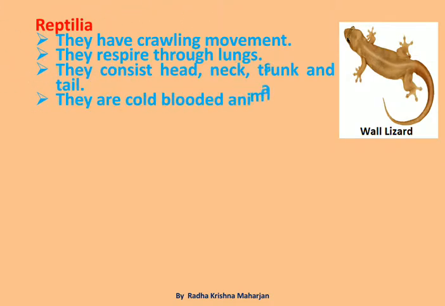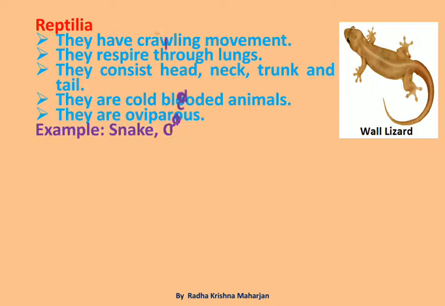They are cold-blooded animals. They are oviparous. Example: snake, crocodile, wall lizard.